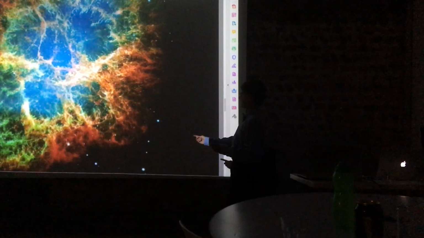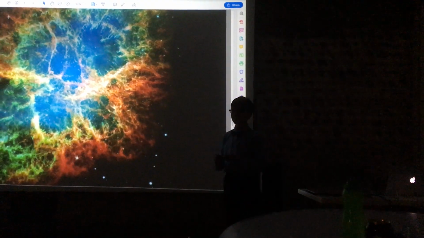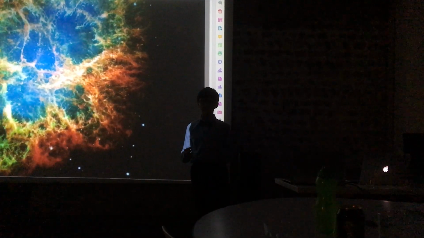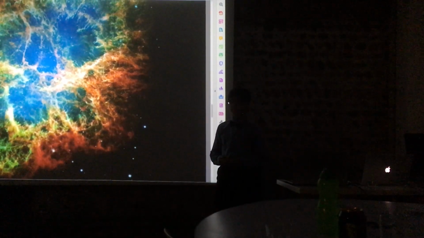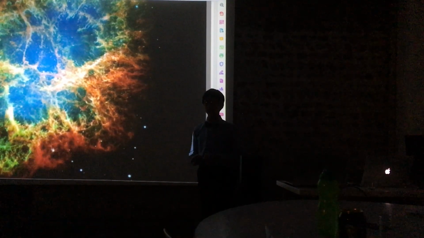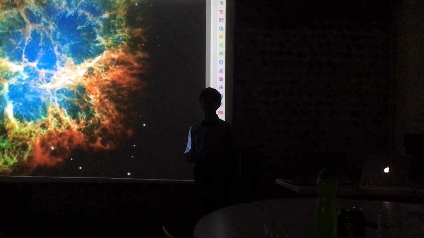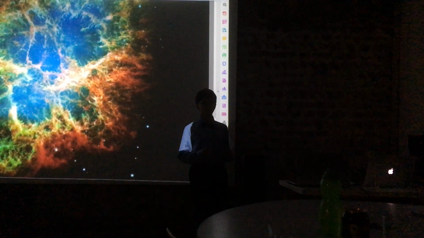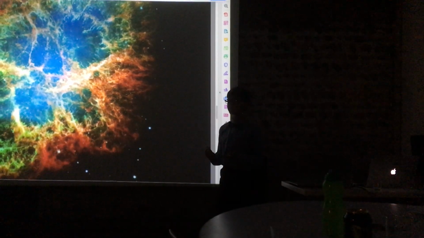Pictured here is the Crab Nebula, a still expanding gas cloud where there was a supernova about 1,000 years ago. For a while, astronomers thought that when a supernova exploded, there wouldn't be anything left. But they were wrong.